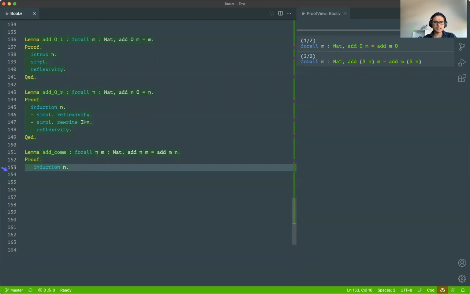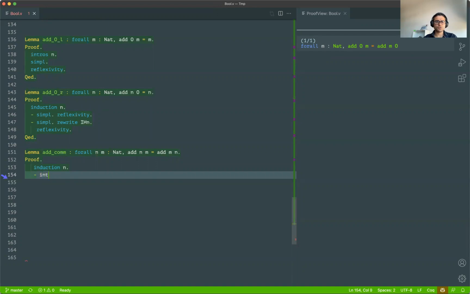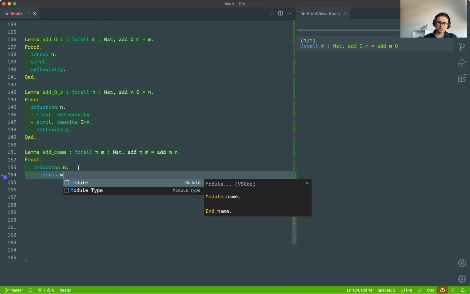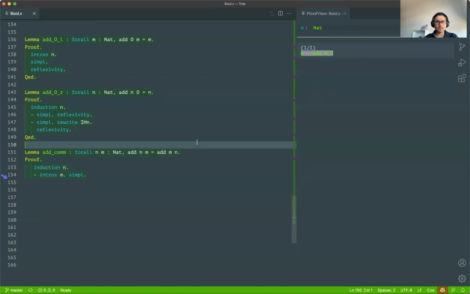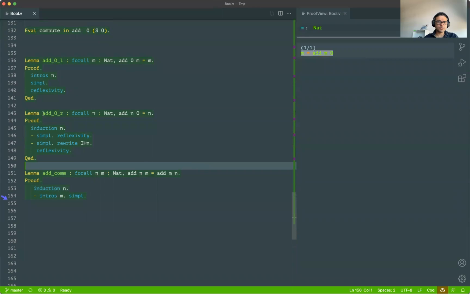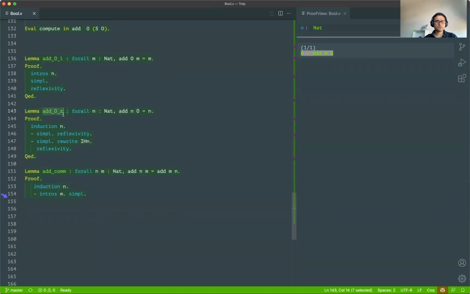So let's see, induction n, and I am going to intros m. Then I do simpl. Okay, and now I need to prove that m is equal to m plus O. But we proved this a moment ago, which is this lemma, add_O_r.